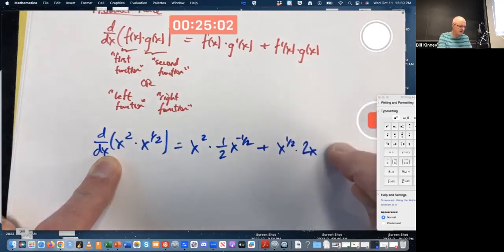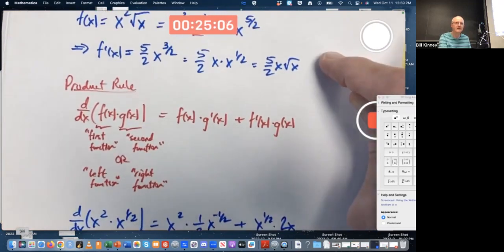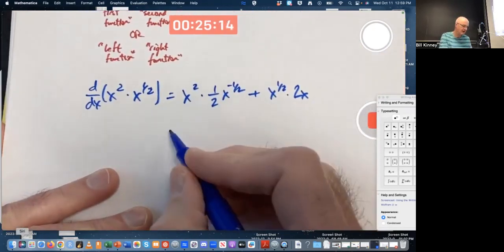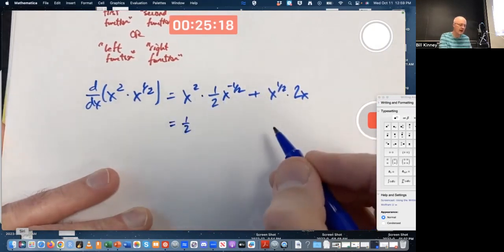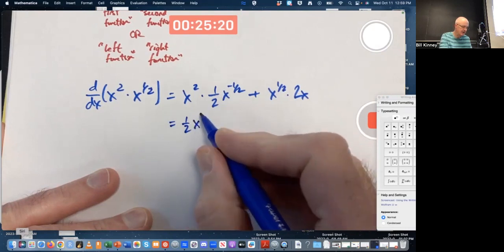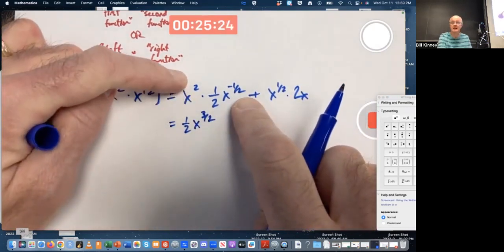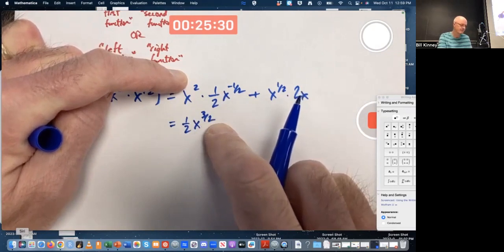Hey, this doesn't look the same as this, does it? Doesn't look like the same answer. Well, it's because you haven't simplified it. That's why it doesn't look like the same answer. Simplify. Add the exponents. 2 plus negative 1/2 is positive 3/2, right? 2 plus negative 1/2 is the same as 2 minus 1/2, which is 1.5, which is 3/2.